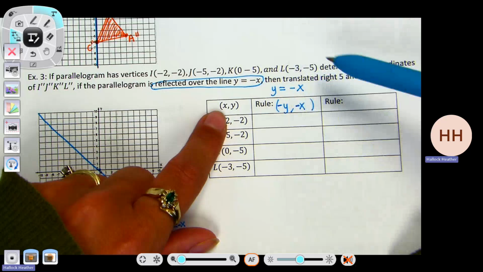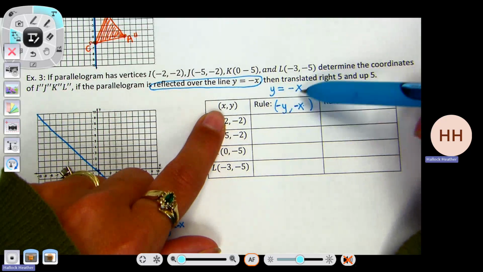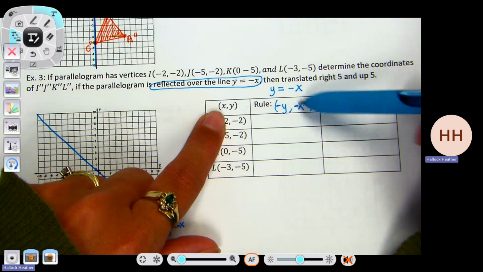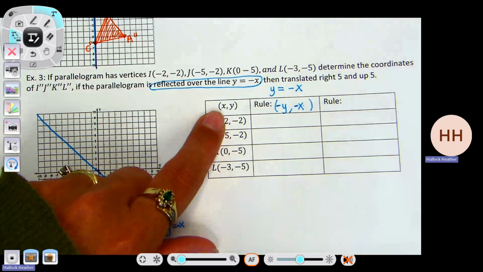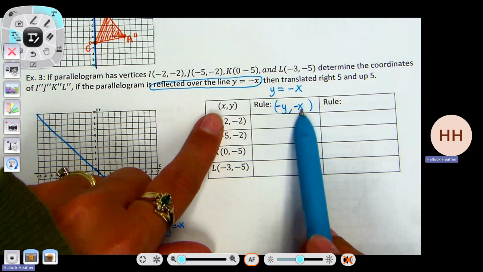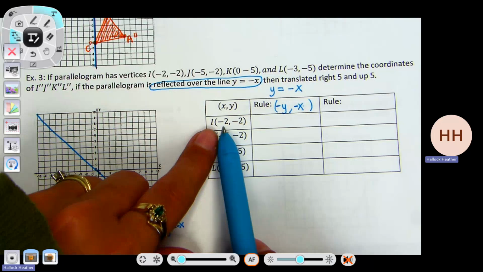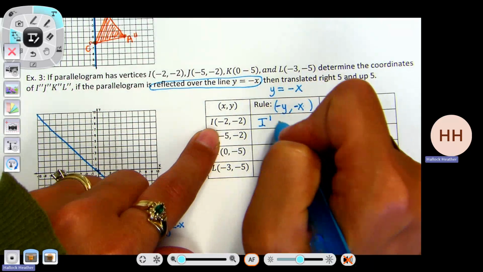So they kind of show you where it goes. The Y goes in the front, the X goes in the back, see how it's set up? Like they literally give it to you. Y goes in the front, X goes in the back, but because it's negative, both values are negative because it's a negative line. So if I flip it and I'm making them both negative, what would I prime be?